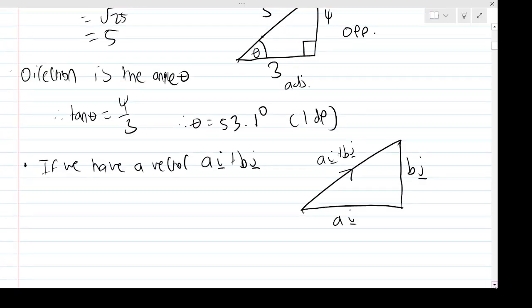A and b are just the coefficients, the x and the y parts.